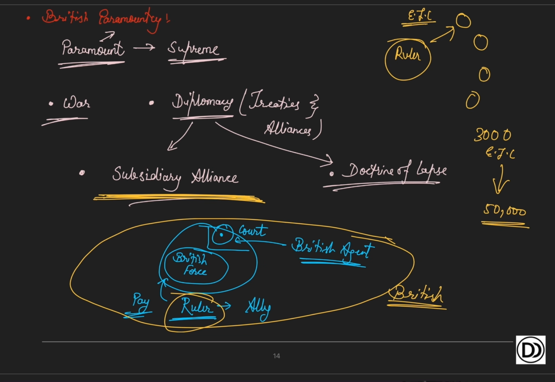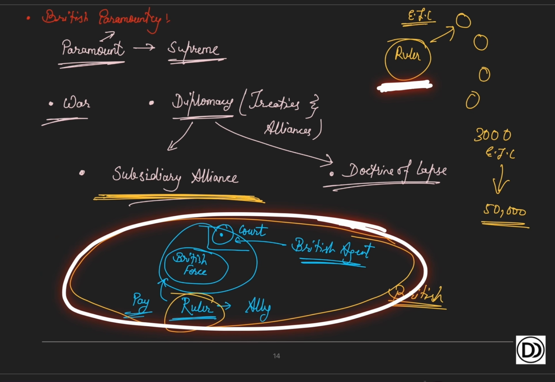Because of these terms, it was a very attractive offer that the ruler will be able to win the war and he is getting a guarantee of protection of his territories from later threats. The East India Company force and the British force and their power is impressive. Any ruler would like to sign a treaty of subsidiary alliance, and that is what happened.